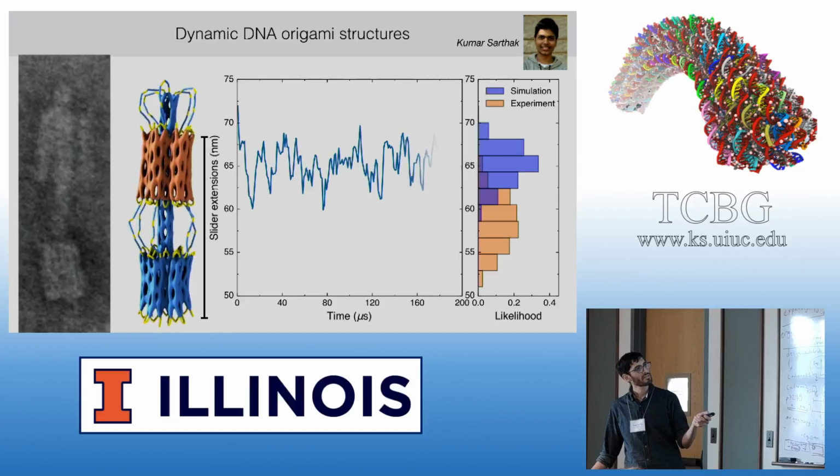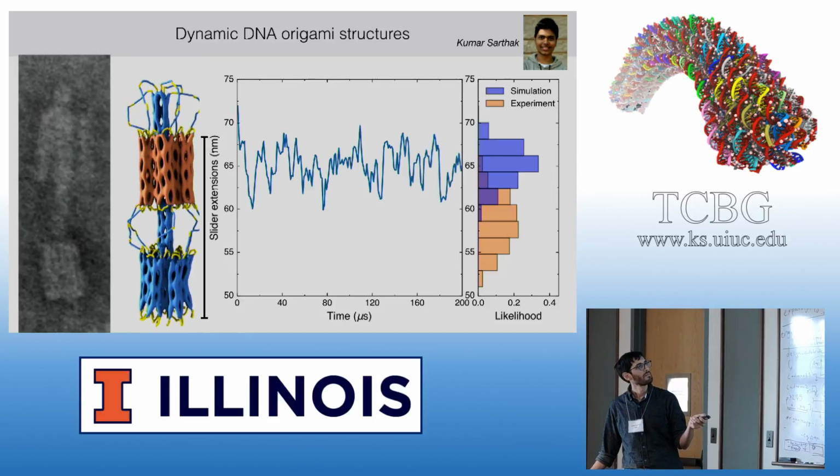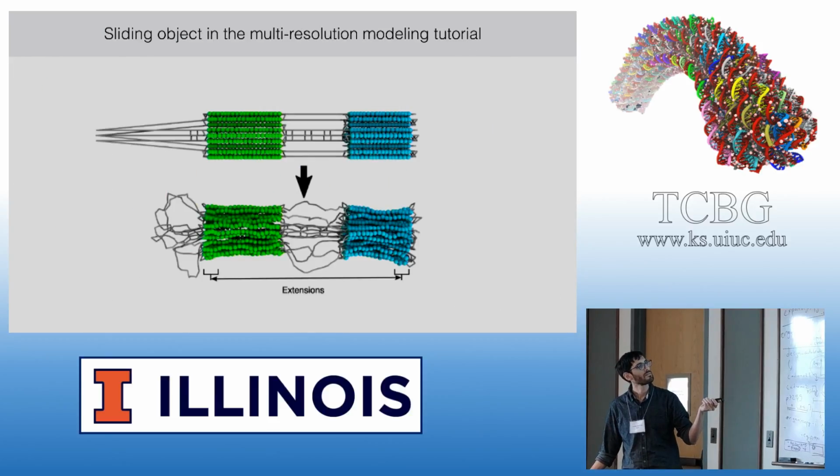We don't get perfect agreement with the experiment, but it's not too bad, considering that we haven't tried to match the ion conditions or anything like that. And we have an example in our tutorial where you'll actually run this simulation, although a very, very short version of it. And then you can measure the extension yourself and sort of recreate that little project.